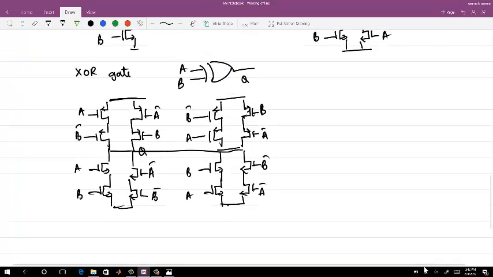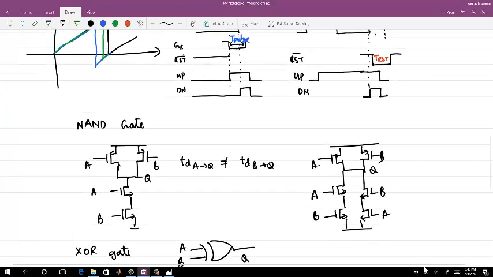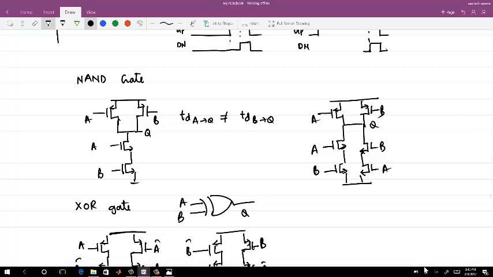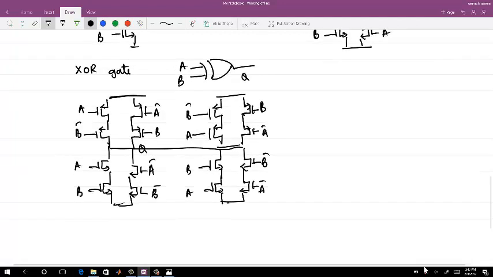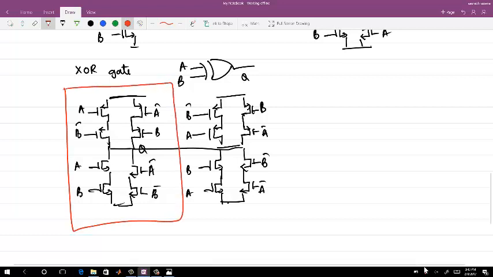The important point is, let me show you by an example. Did you get the NAND gate one? The same is for XOR. So if I had only this block, this is an XOR gate.